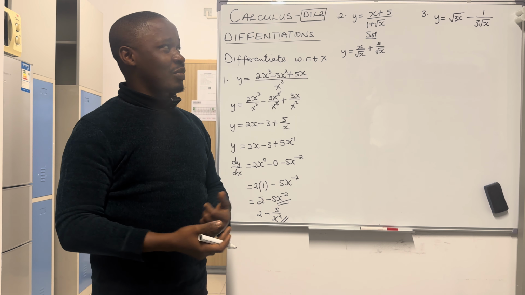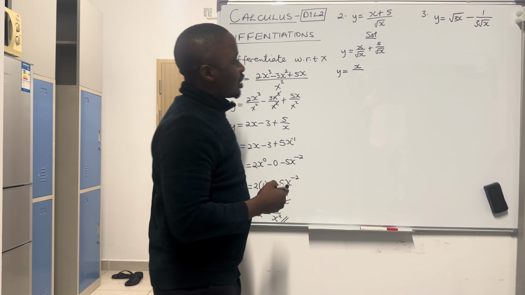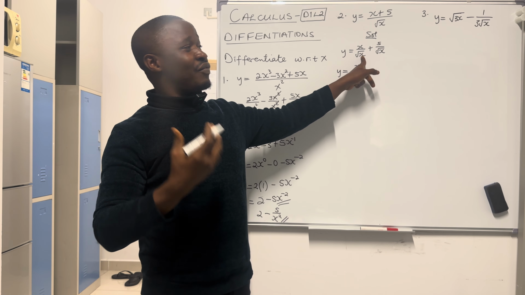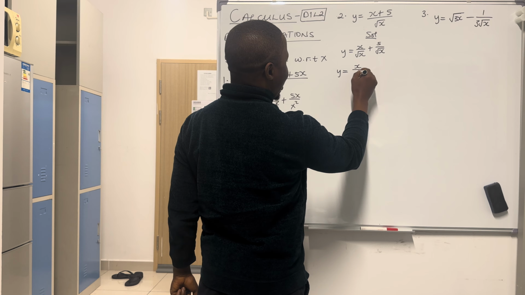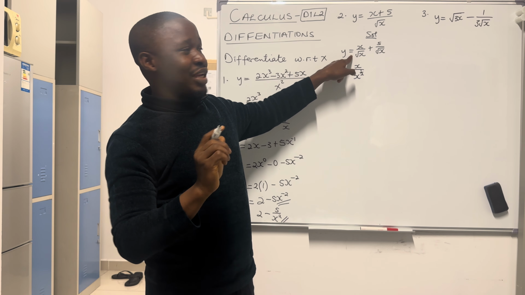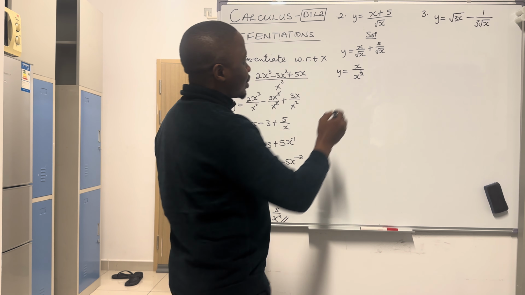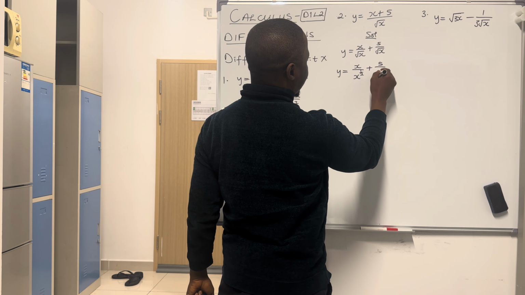So the next thing we do: the square root of any value, be it a constant or a variable, is that value raised to the power half. So plus 5 over x to the half.